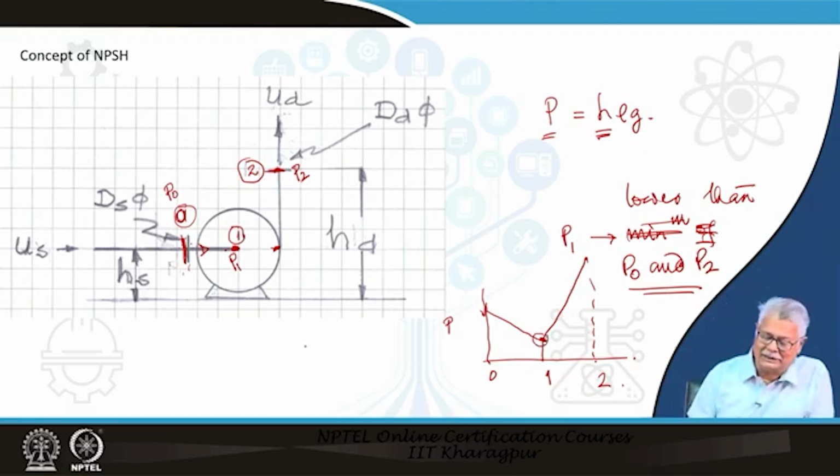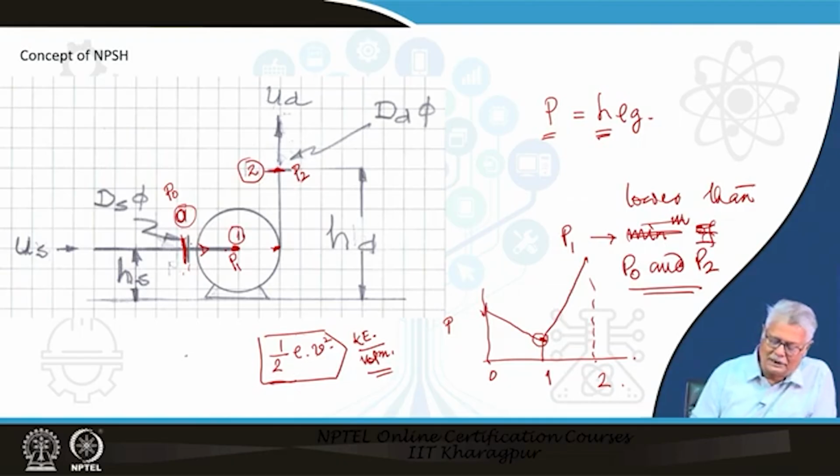The head developed is because of the kinetic energy which is imparted by the impeller. What is the kinetic energy per unit volume? Half rho into v square, if v be the velocity of the particle over there, and it is the kinetic energy per unit volume of liquid. Now, what I would like to say here is something like this.